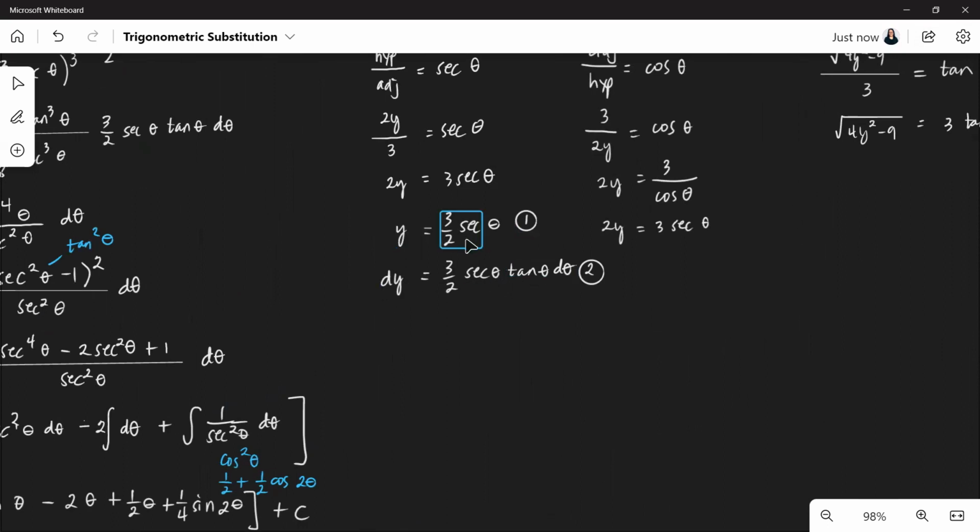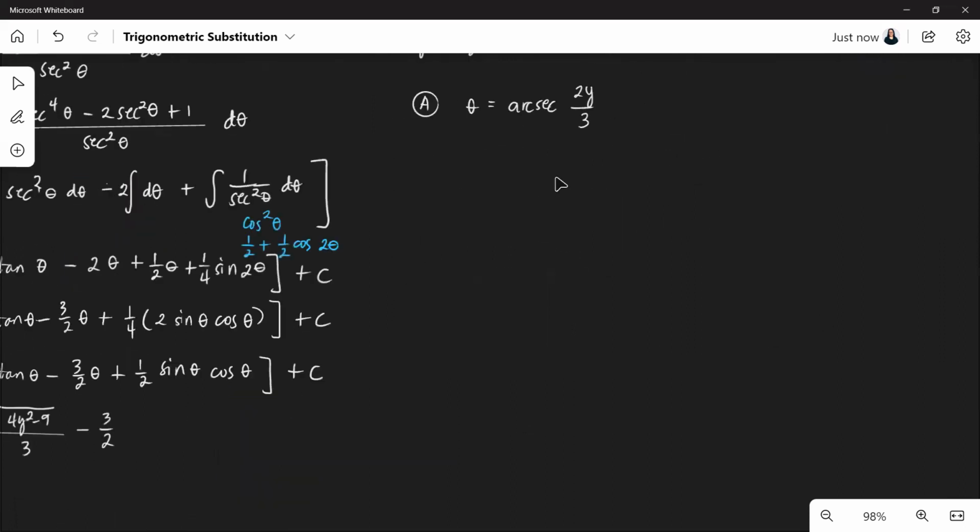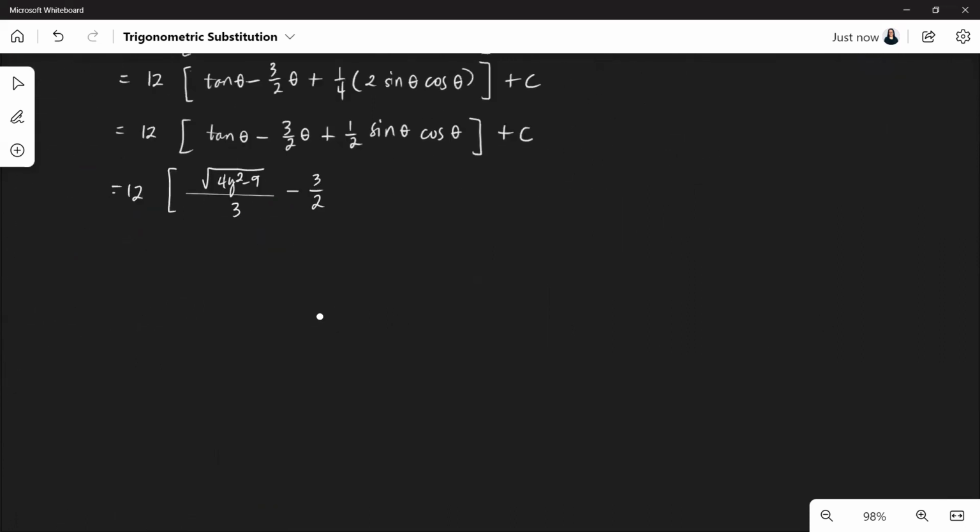So we can use this equation to solve for theta. Theta is from secant theta. So from here, let me label it as A. So from A, theta is arc secant of 2y over 3. So we'll use that for the theta here.